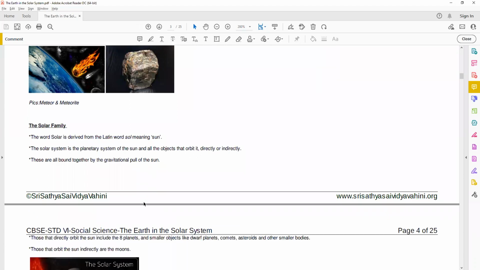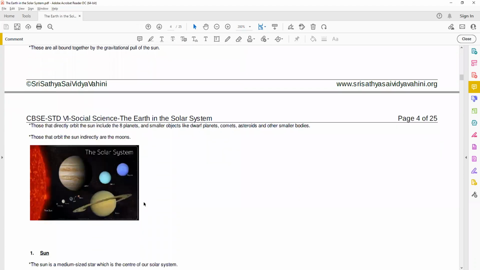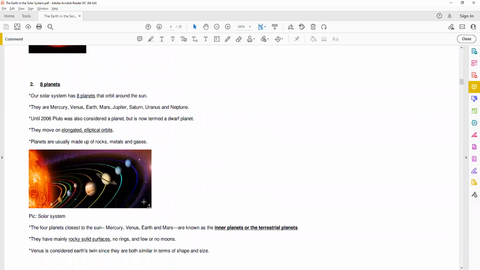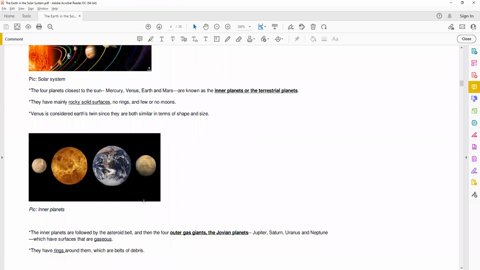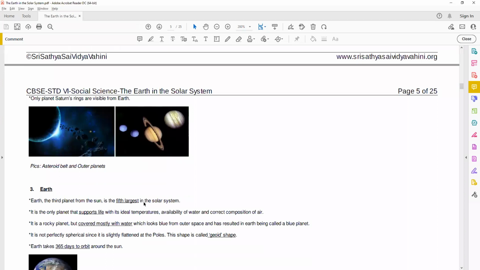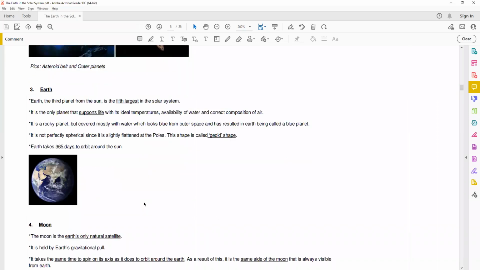Then we talk about solar family. This way you keep going through the master lesson plan. You also have the textbook as reference, and with both of these you prepare yourself, right? Now you have understood what needs to be delivered in the classroom. That's the first step.